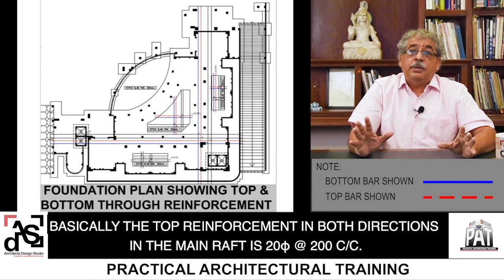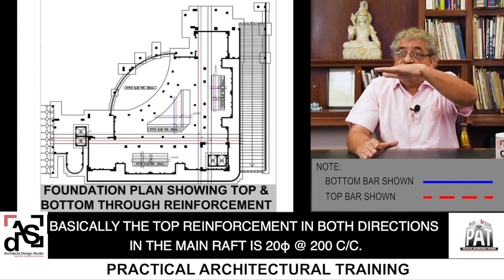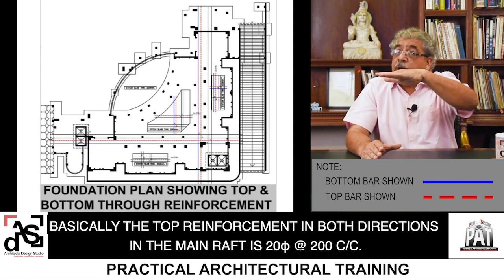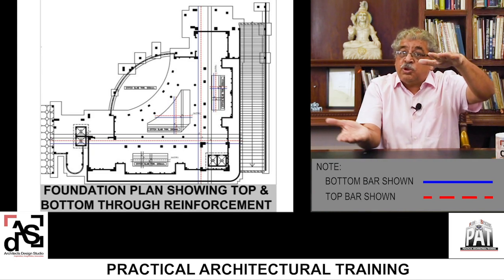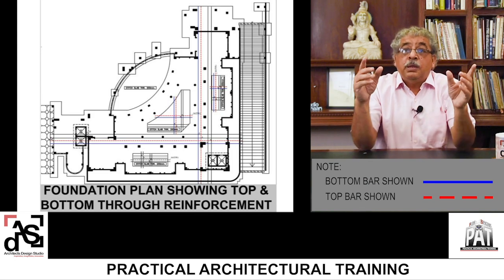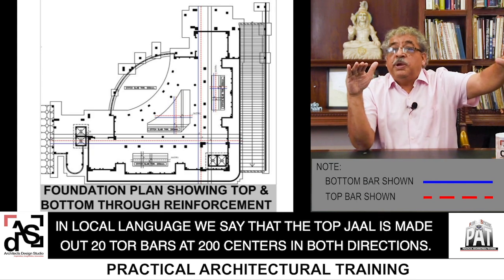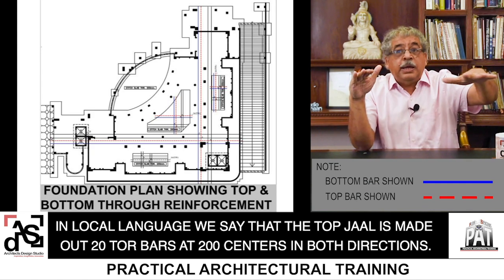So basically the top reinforcement in both the directions in the main raft is 20 torr at 200 center to center, and this was similar in the bottom of the main raft also. In local language, we say that the top jal is made out of 20 torr bars at 200 center to center in both directions.